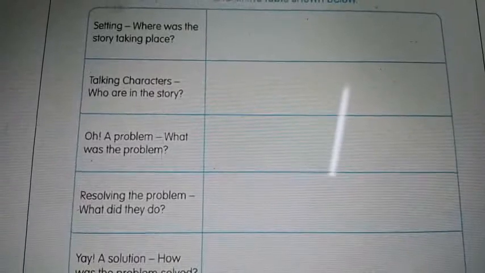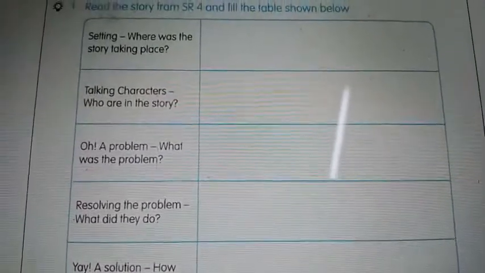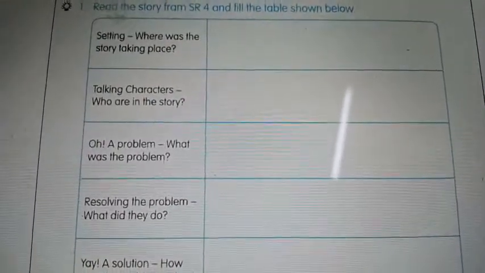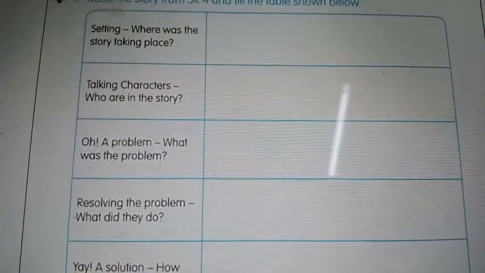A woman helped them, right? A solution. How was the problem solved? Let us see the answer from this, okay? You also think about that. So, my dear children, tomorrow I will send this story. After that, you have to write these tabular columns in your notebook, okay?